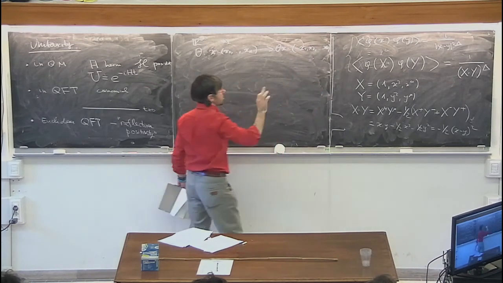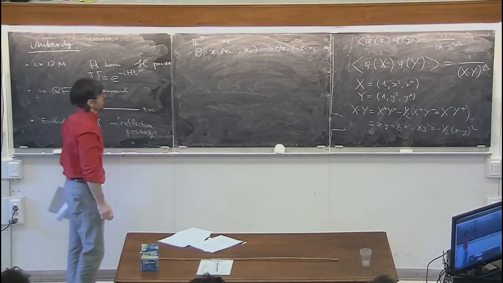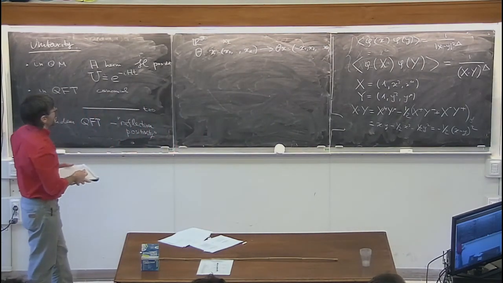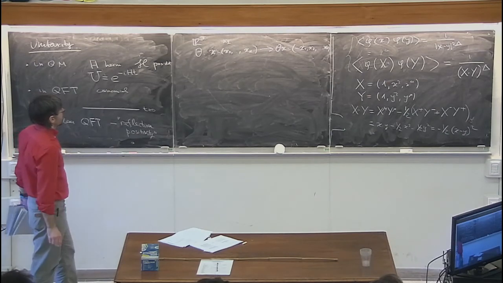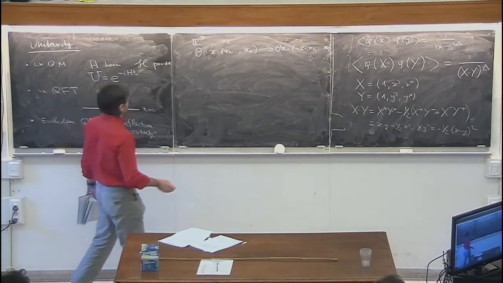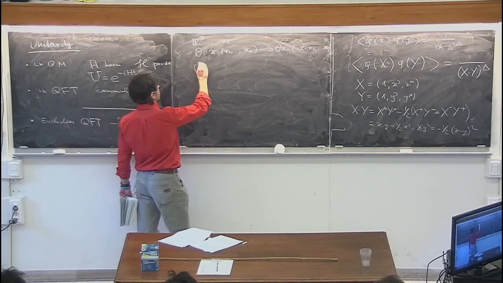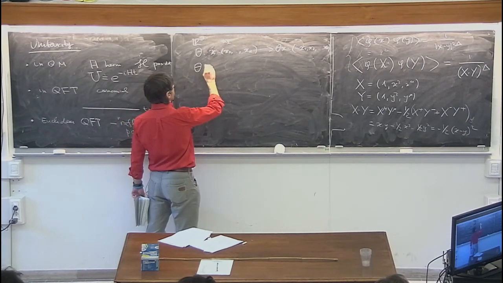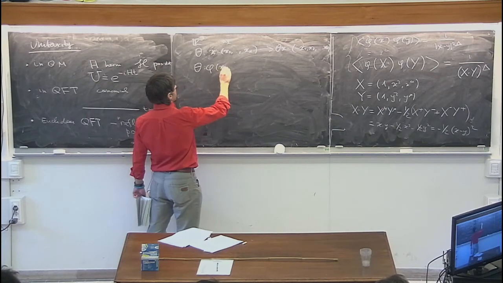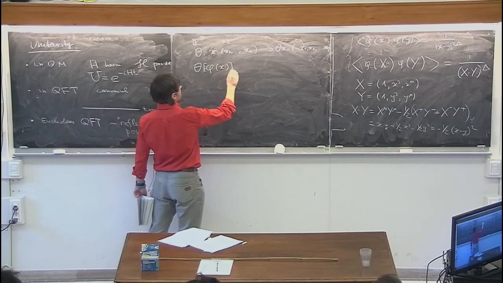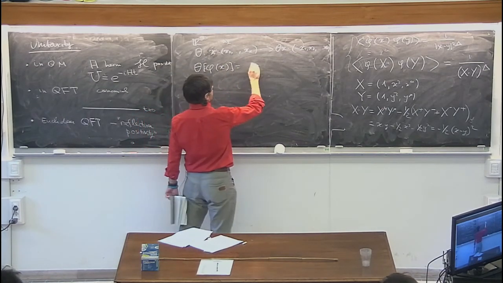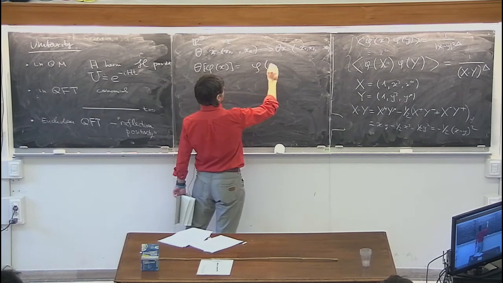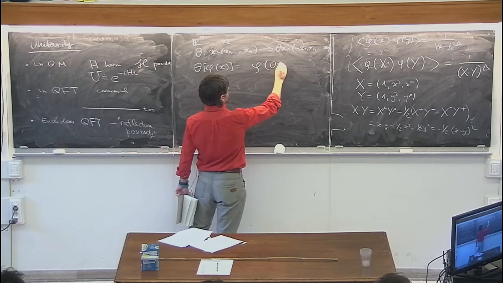So it's just a mirror transformation with respect to the first coordinate. This is on coordinates, and now I also define the action of theta on fields. Theta acting on the field phi at the point x is the field phi at the point theta x.